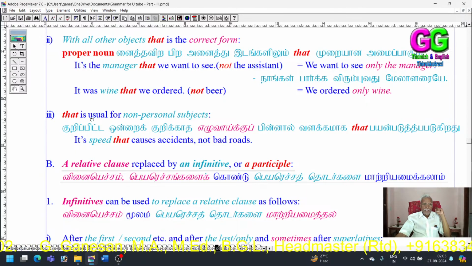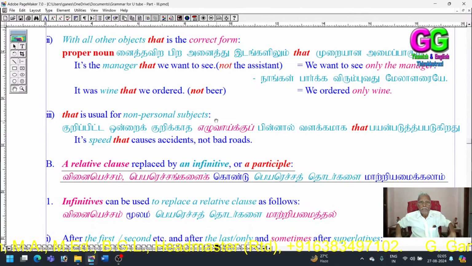Thirdly, that is useful for non-personal subjects. When the object is a proper noun, we can use either who or that, but mostly that is more useful than who. In other places, when the object is not a proper noun, we should use that.